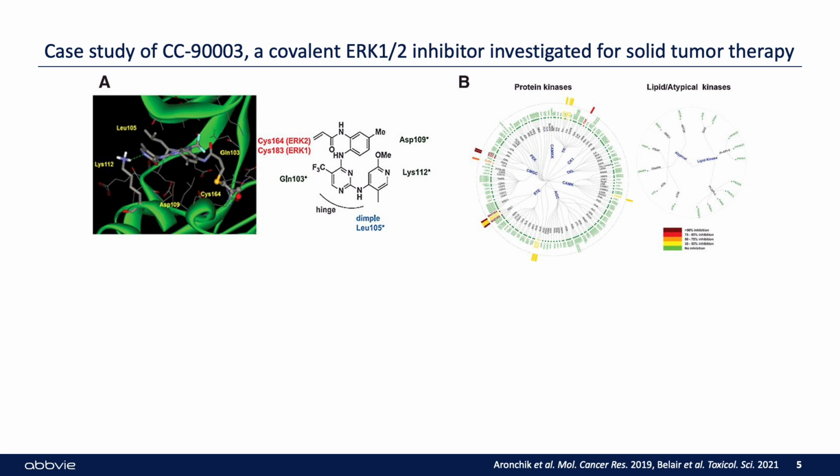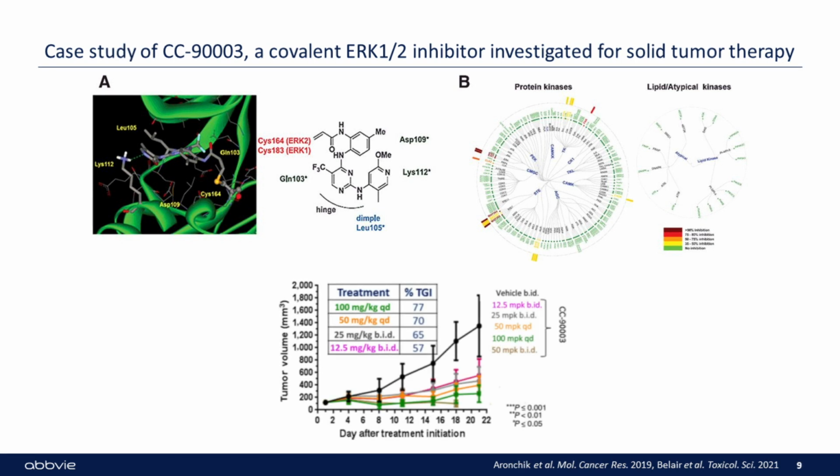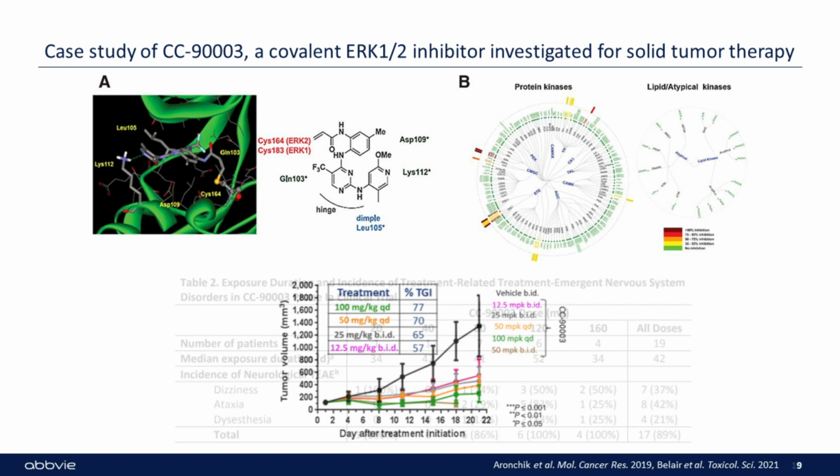So shown up top is the crystal structure of CC90003, as well as a graph showing that it is relatively selective, at least in this publication, for ERK and a few other off-target kinase families, which I'll get into later. This compound had efficacy in mouse patient-derived xenograft models, and specifically in KRAS mutant models.